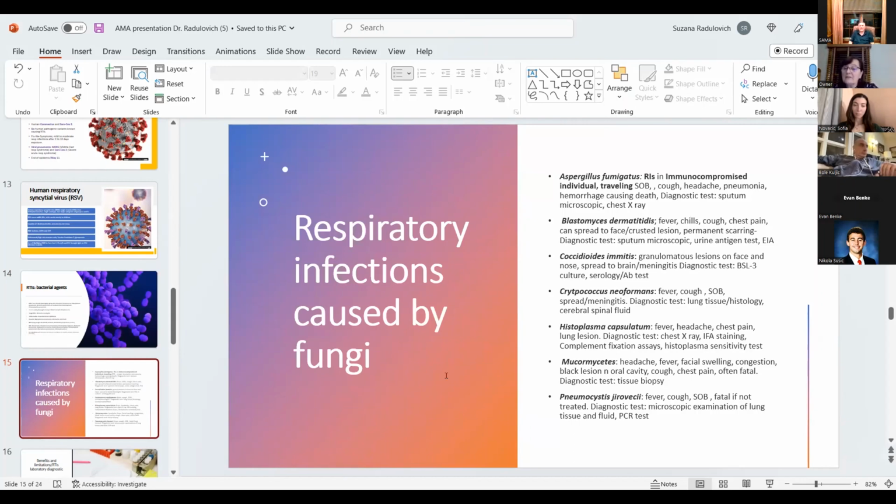There are a few that we see in travelers, especially if they're inhaling the spores of different fungi. They are hard to treat because diagnosis is delayed. It takes a long time to get back any confirmation for fungi, and that does not contribute to a good outcome for the patient.